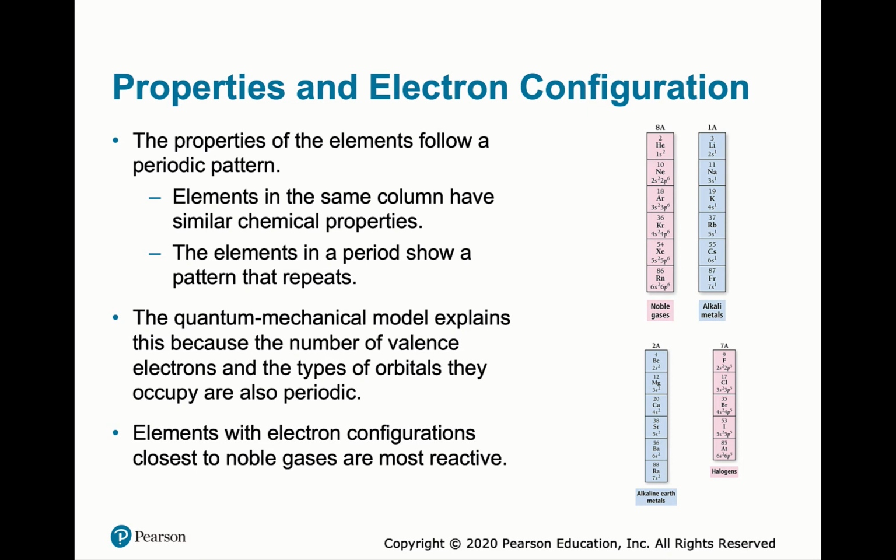So the quantum mechanical model predicts that these common electronic structures are going to have certain recurring properties. That's the power of the periodic law, which was observed, and then the quantum mechanical model, which is a theory that explains why we were seeing these observations.